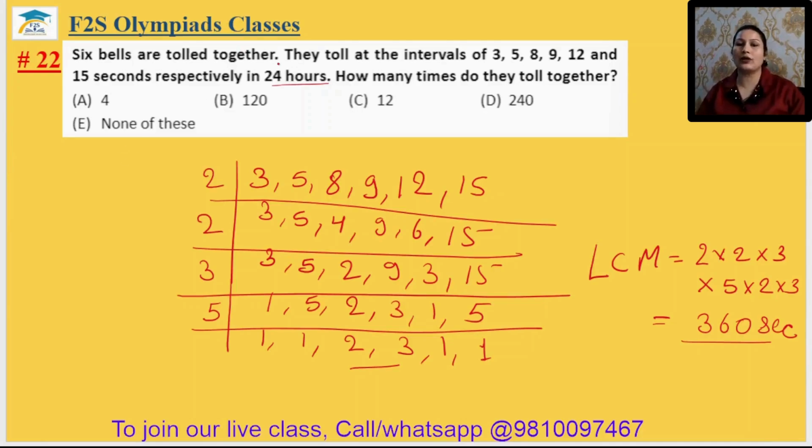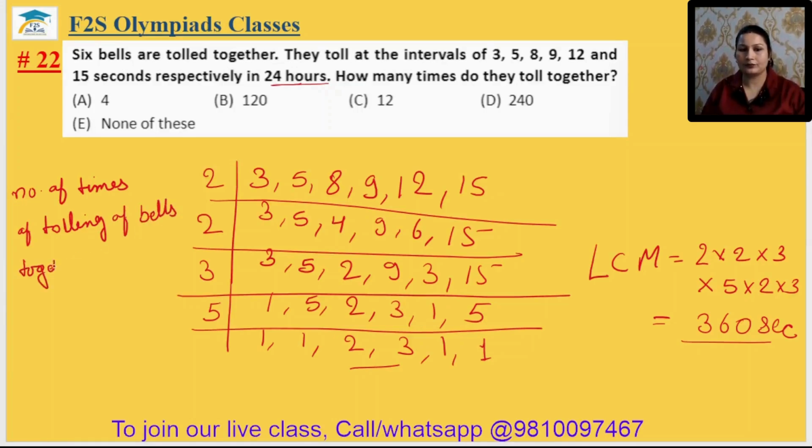So we have to find how many seconds there are in 24 hours. In 24 hours there will be 3600 multiplied by 24 seconds. So the number of times of tolling of bells together is equal to 24 multiplied by 3600 divided by 360. 360 tens are 3600, so 24 multiplied by 10 is 240.